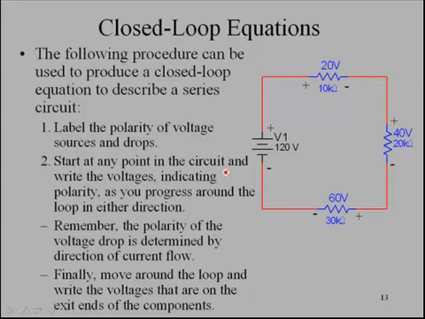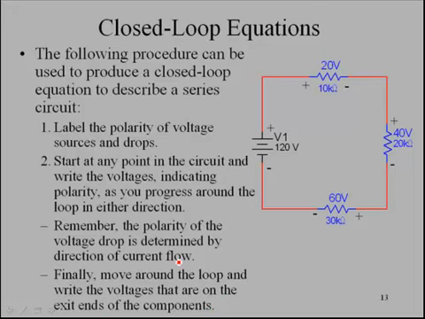Start at any point in the circuit and write the voltages indicating polarity as you progress around the loop in either direction. Remember, the polarity of the voltage drop is determined by the direction of current flow. Finally, move around the loop and write the voltages that are on the exit ends of the components.